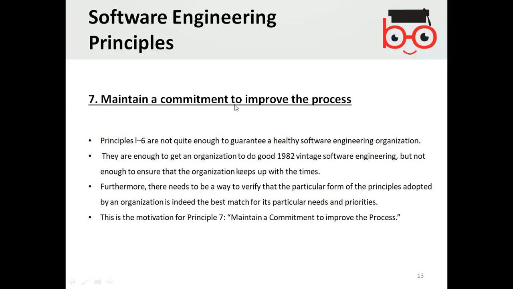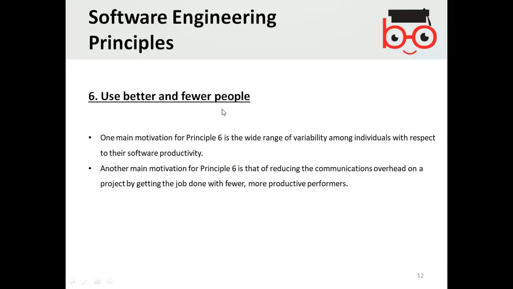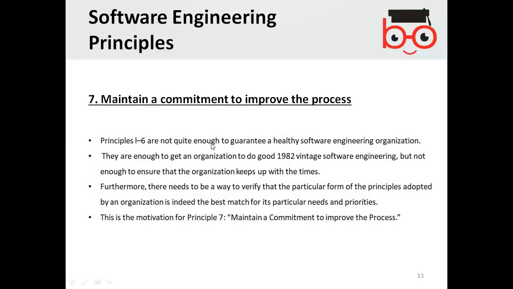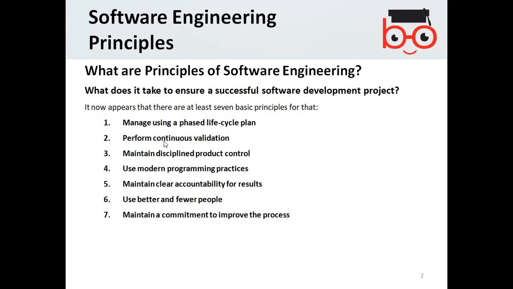Maintain a commitment to improve the process. You should be very much committed. Principles 1 to 6 are basically about using fewer people. Apart from that, we are referring to these principles: manage using a phased life cycle, perform continuous validation, maintain disciplined product control, use modern practices.